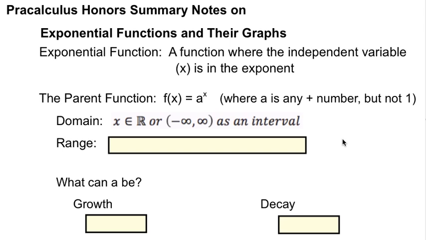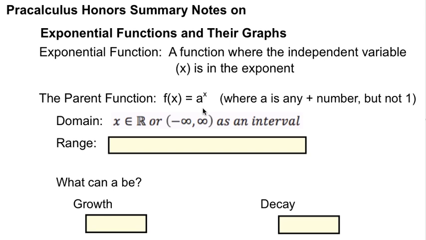The range, on the other hand, we have to think about a little bit. If we raise a to some power, the range is what the value of our function will equal. So if we're raising a to a power, let's think about some different possibilities. First of all, if we raise a to the 0 power, that's going to be 1, because anything to the 0 power is 1 except 0 to the 0.